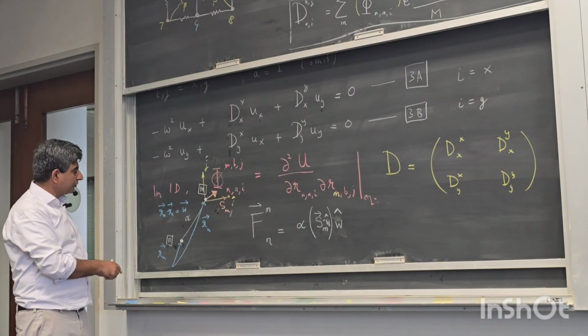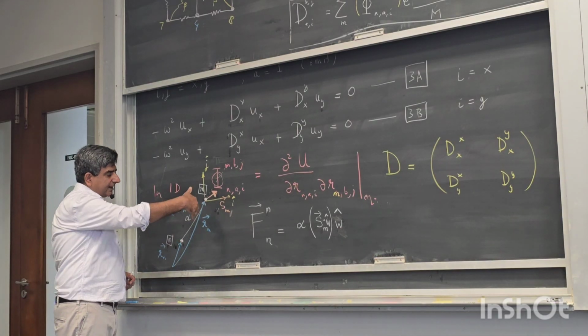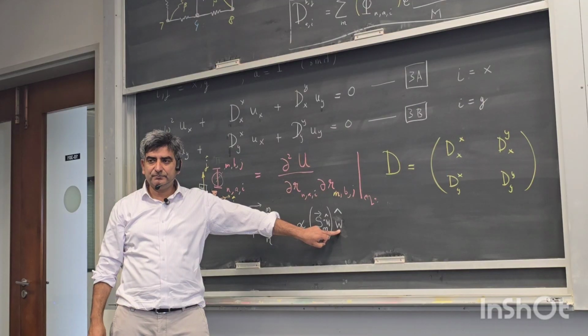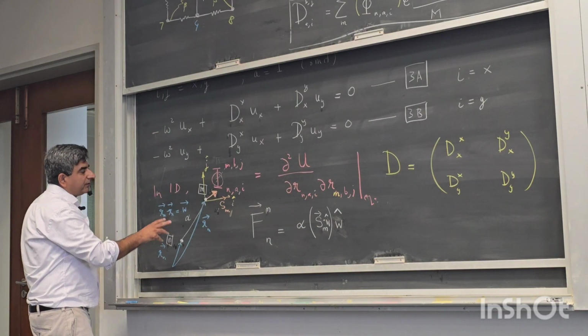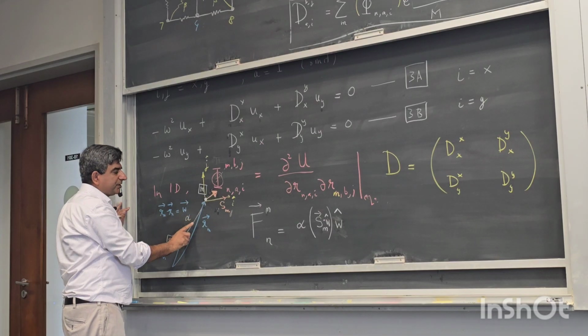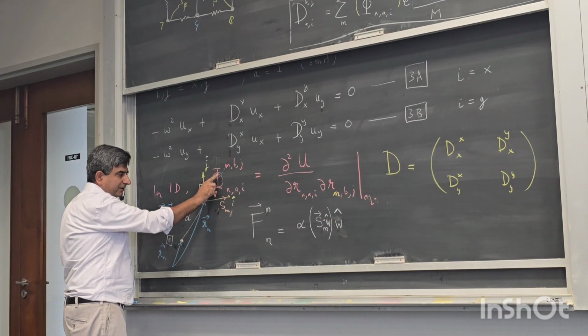All right, so the force on this atom is along the internuclear vector. That's why we have this unit vector W. And what really matters is the component of the displacement which is parallel to the internuclear vector.